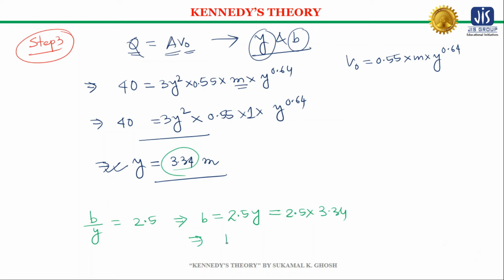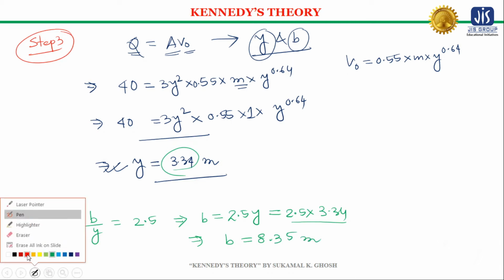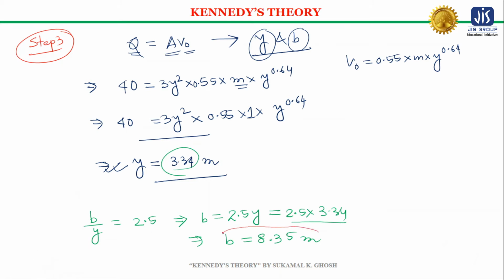That means the value of b is equal to 2.5 into 3.34, and if you multiply it, you will have 8.35 meter. Okay, so now we have the value of y and b both.